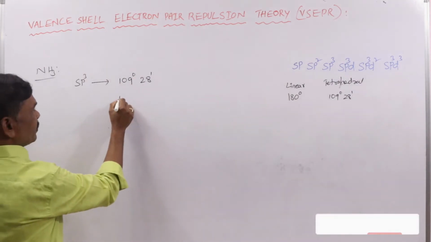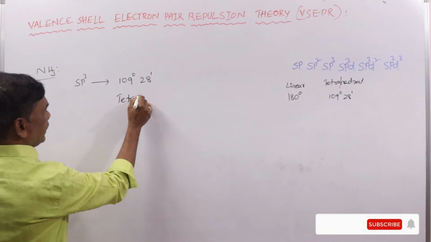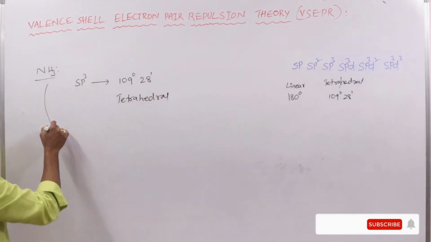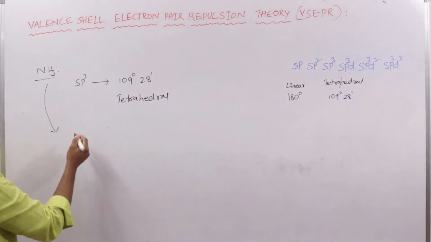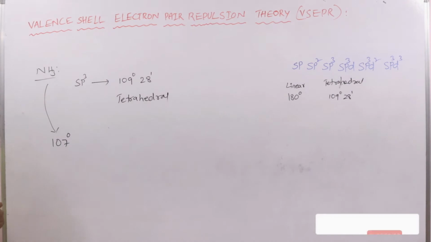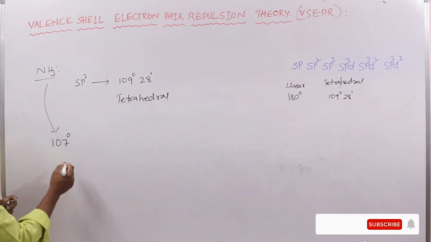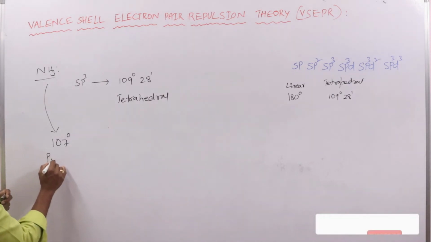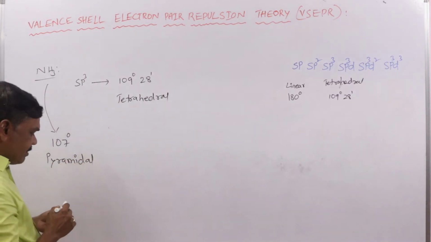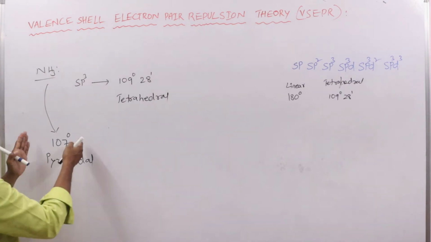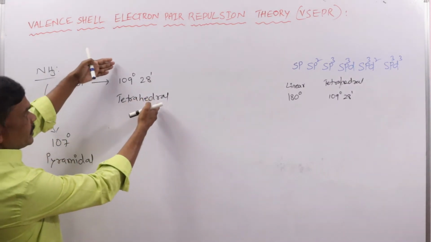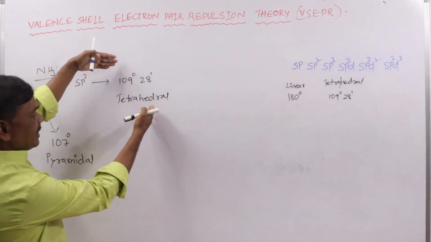And what is the shape? We know that it is tetrahedral. But in case of ammonia, what is the bond angle? Bond angle is 107 degrees, and geometry is pyramidal. So why is the deviation taking place from the original bond angle and geometry?